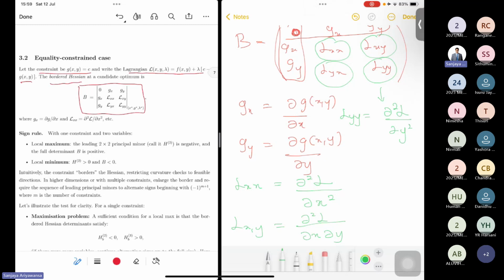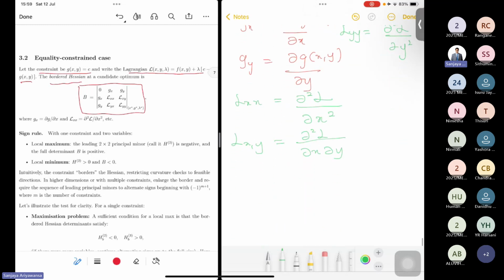So we write down the bordered Hessian matrix: 0, the constraint function partially differentiated with respect to x, the constraint function partially differentiated with respect to y. Same thing over here, copy pasted.